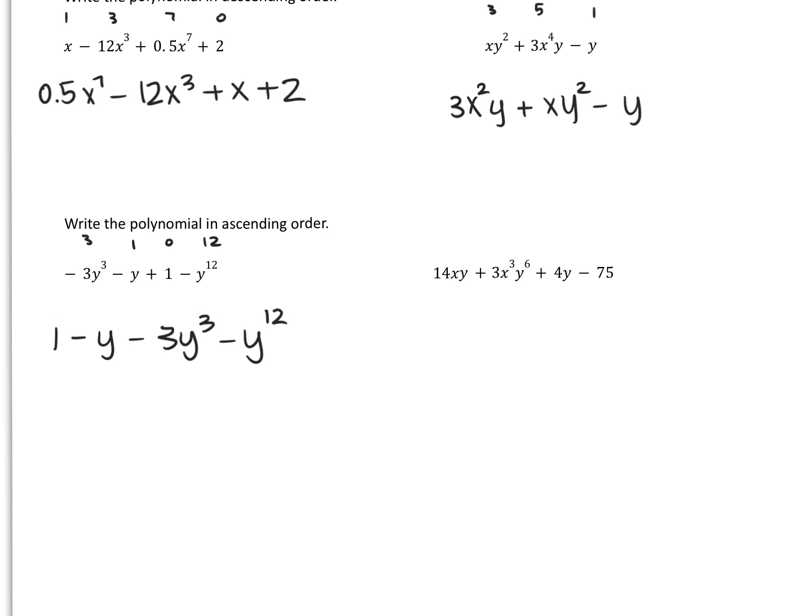Our last example, 14xy plus 3x to the 6th, 3x cubed y to the 6th, plus 4y minus 75. We have 2, 9, 1, 0. So I'm going to start with negative 75 plus 4y plus 14xy plus 3x cubed y to the 6th.